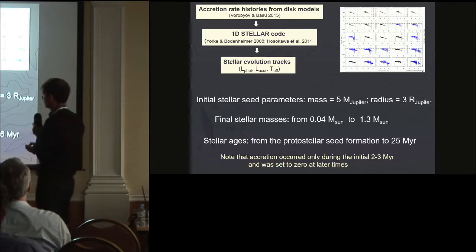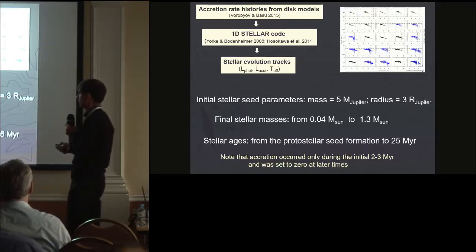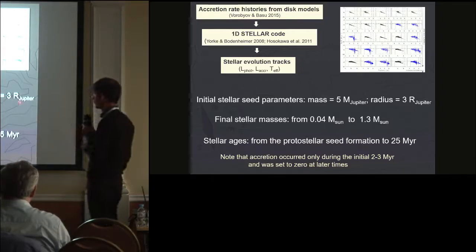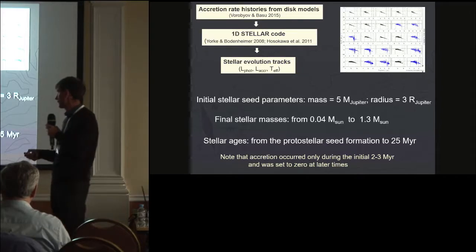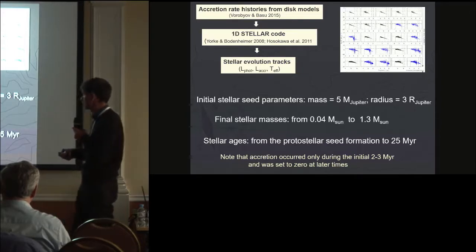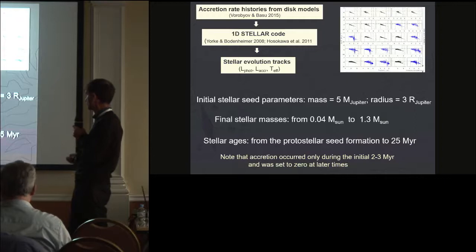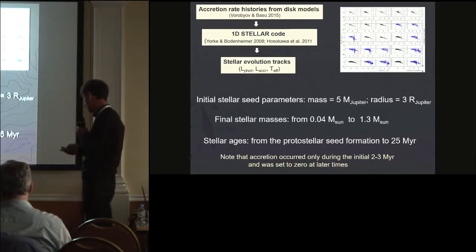The initial seed parameters that we took for the star are 5 Jupiter masses and a radius of 3 Jupiter radii, and the final stellar masses range from brown dwarf to upper mass, like 1.3 solar mass stars. And we evolved all our stars up to 25 million years.